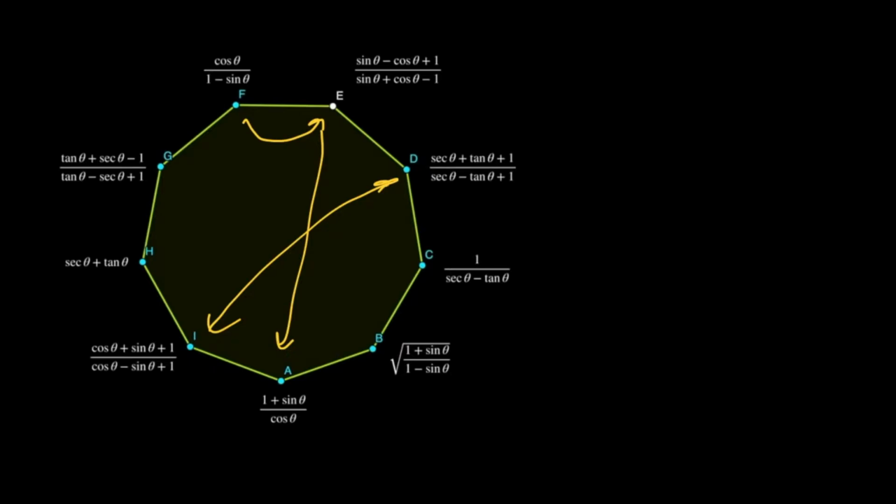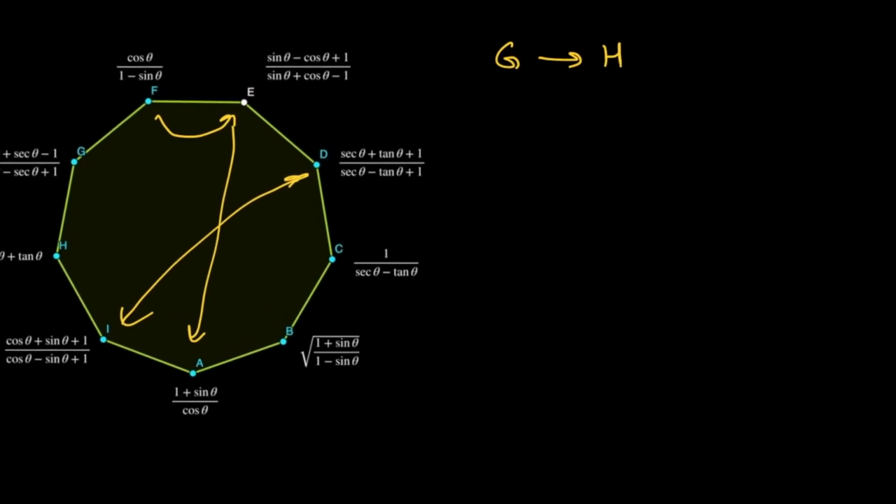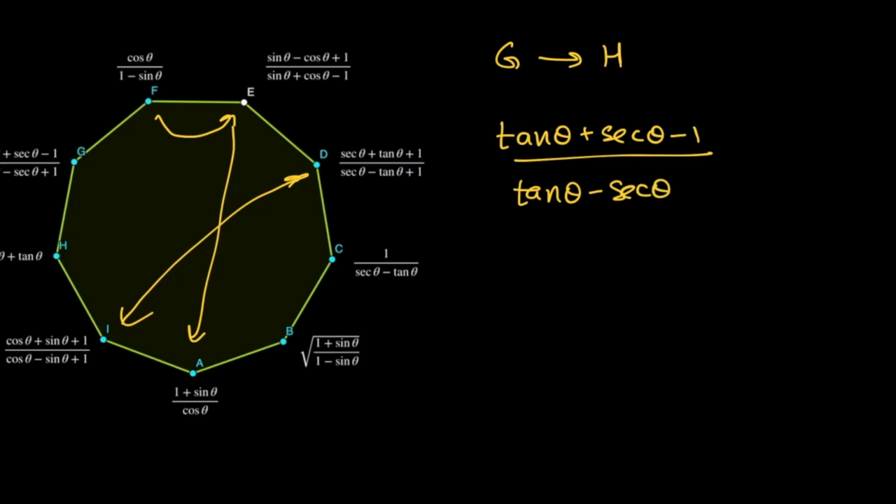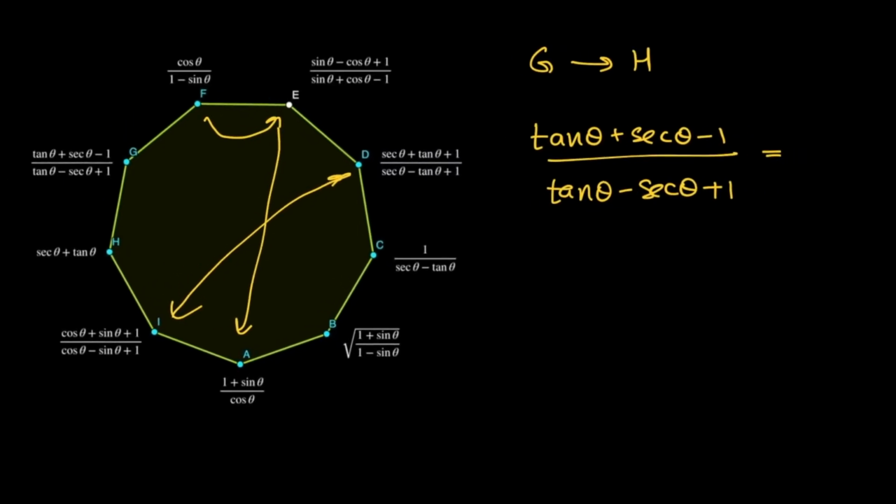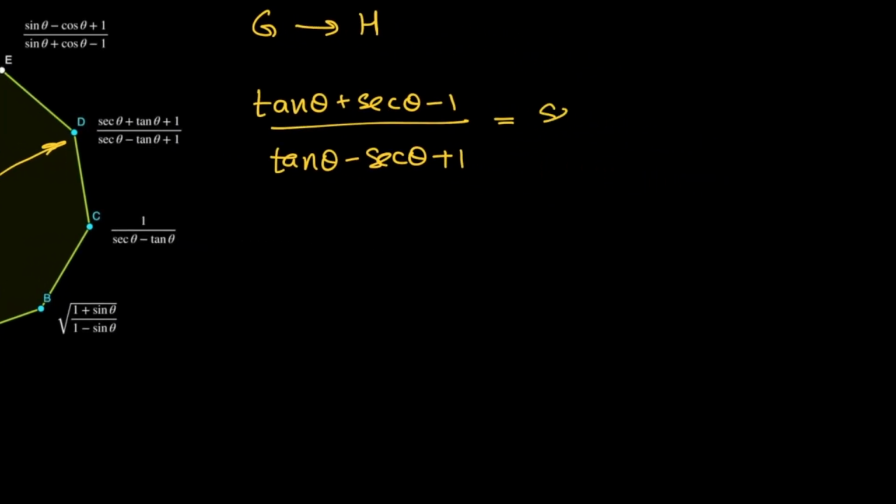For example, let's see how we can go from G to H. Okay. So the expression we have on the LHS is tan theta plus sec theta minus 1 divided by tan theta minus sec theta plus 1. And I am going to show that this is equal to sec theta plus tan theta.